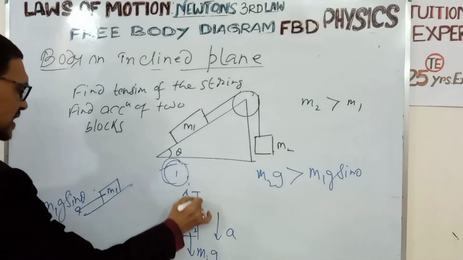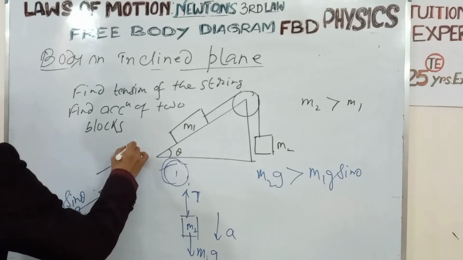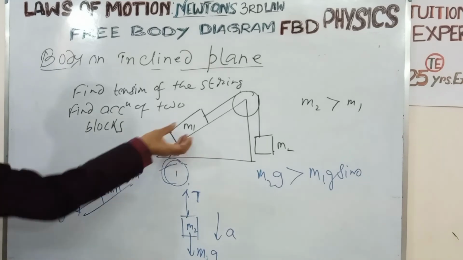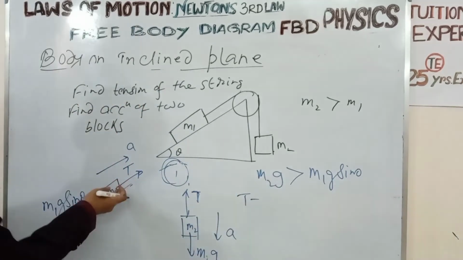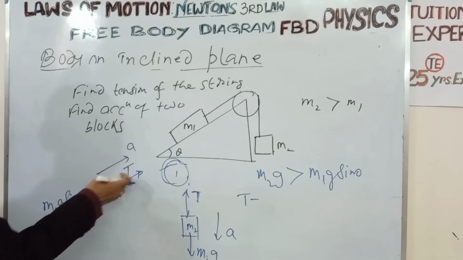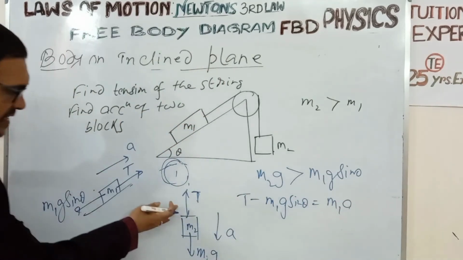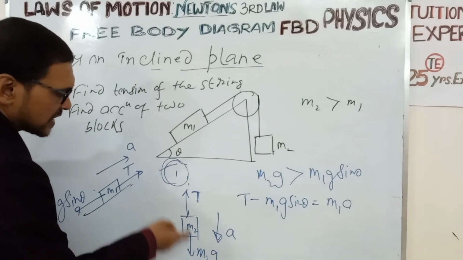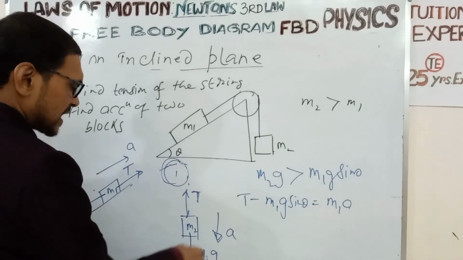Now for the motion of the body, the equation of motion will be T minus m1g sin theta equal to m1a, along the direction of acceleration.